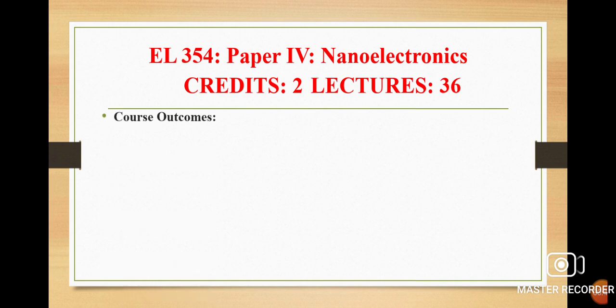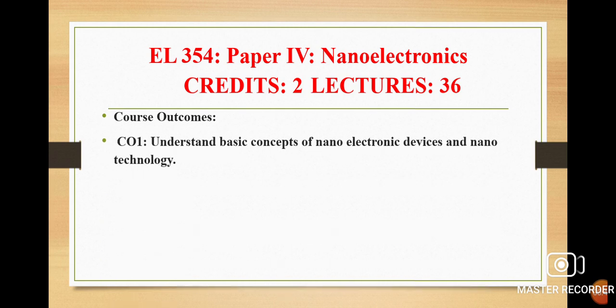Now I am going to discuss the course outcomes of this syllabus. That means what you will understand after completing this course. The first course outcome is that you will be able to understand the basic concept of nanoelectronic devices and nanotechnology.